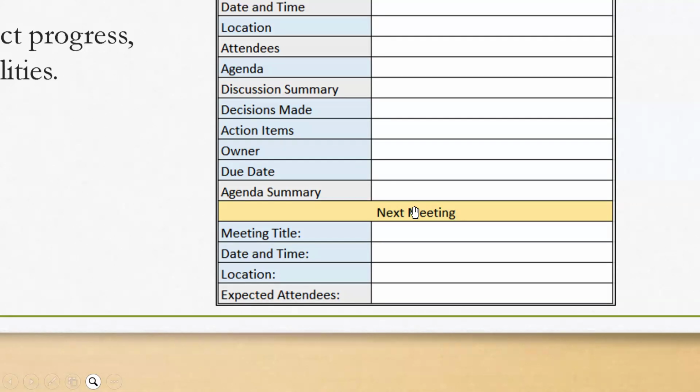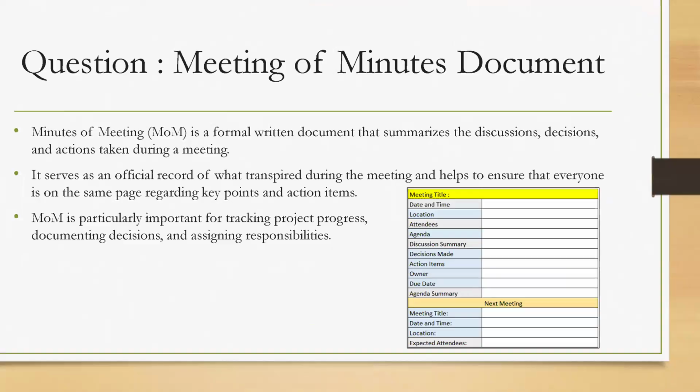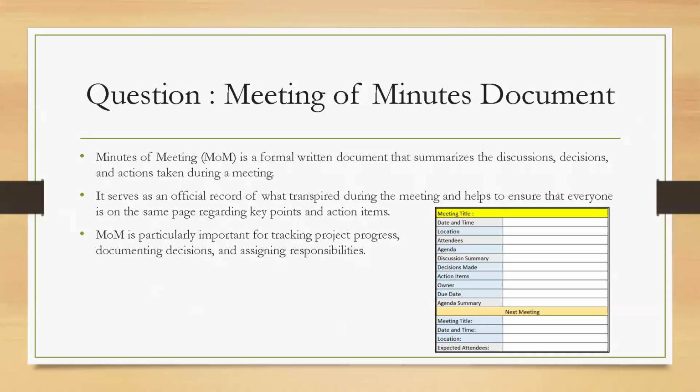Okay, and when will be the next meeting regarding the same, with meeting title, date and time, location, expected attendance. So this is how we can add it. This is a template that we need to follow.